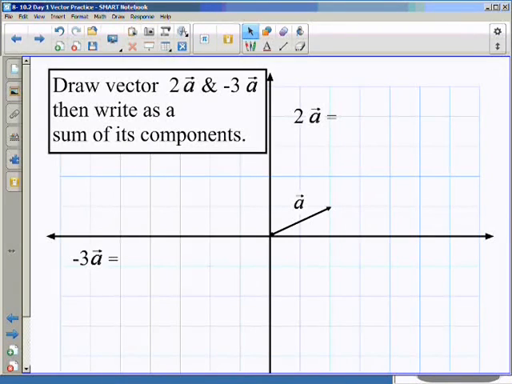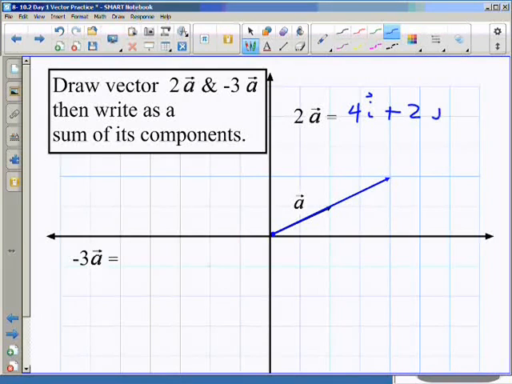So let's start with this vector A. It's pretty obvious what it is, but if we want to do 2A, we could see that by looking at this blue vector, it would look like a vector that's twice as long. And if we break it into its components, it's pretty straightforward from a graph. 1, 2, 3, 4, i plus 2j.